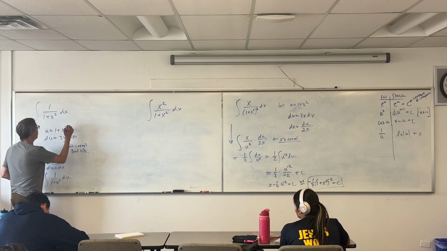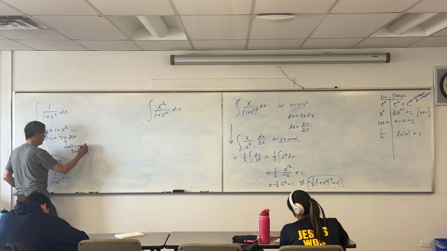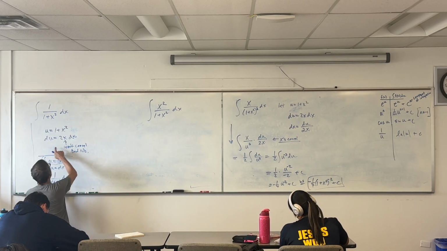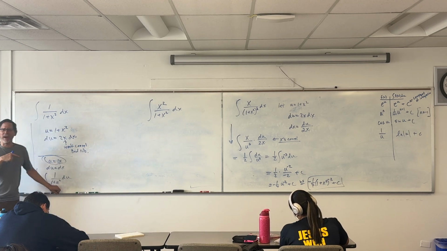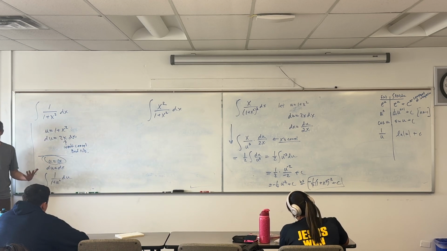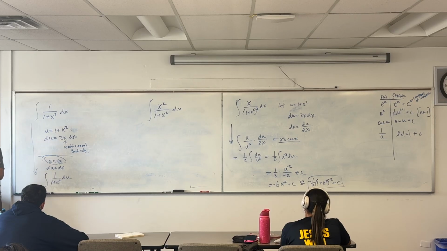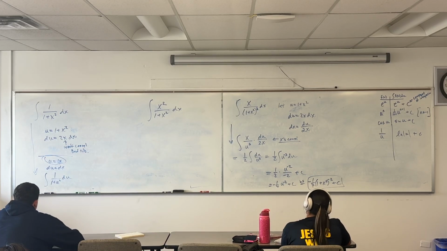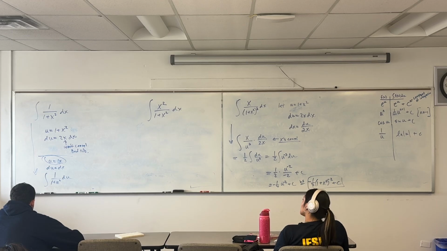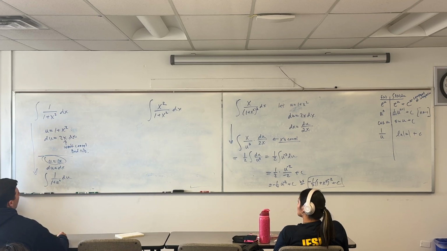So this guy here, let's see, I'll finish him up. How do we do this one? Because my subs aren't working. Where do I go? How do I do this? Leo, don't you still replace the 1 plus x squared with u and do the natural log substitution? So you're saying let u be the whole denominator? Yeah.